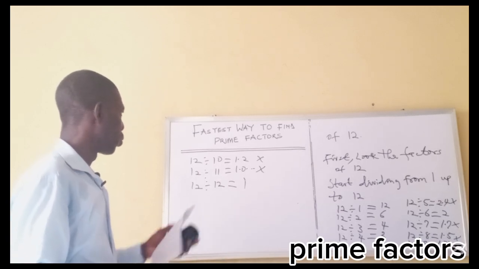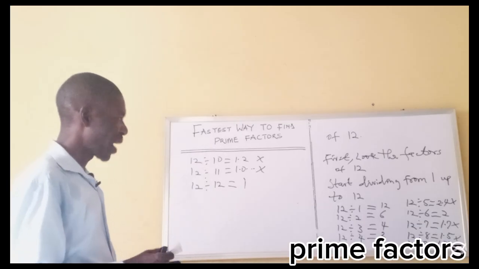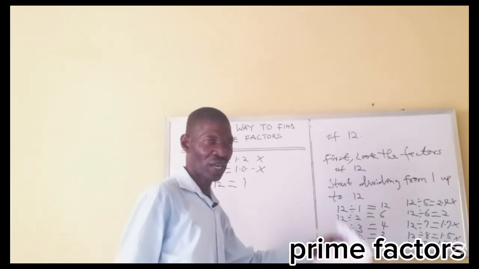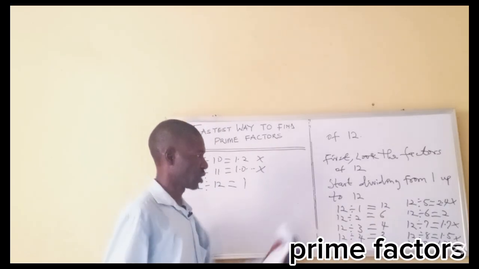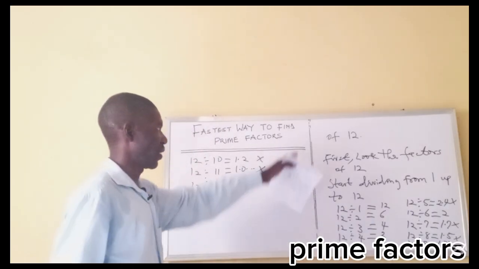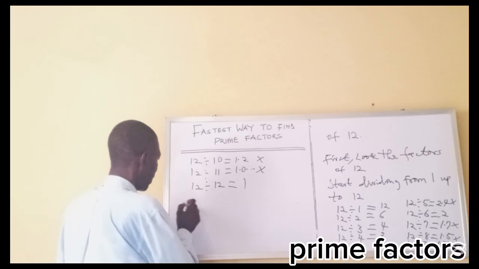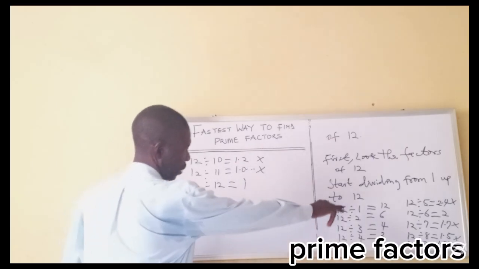So we are now going to look for the prime numbers inside these factors. So let's list the factors out. Let us list the factors of 12 that we have got here.